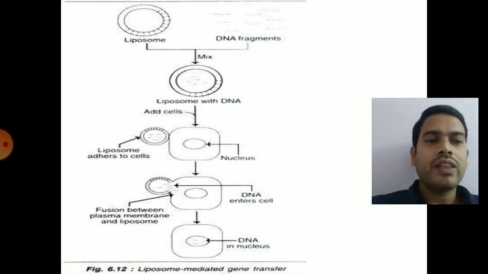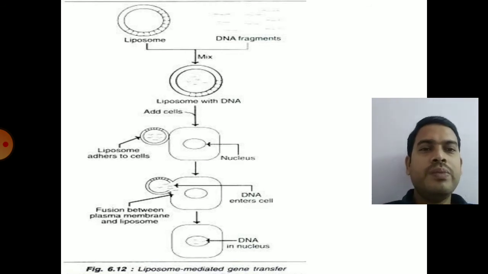The next one is liposome mediated gene transfer. A liposome is a lipid bilayer, a round particle, as you can see in the diagram, in which your DNA fragments are loaded.